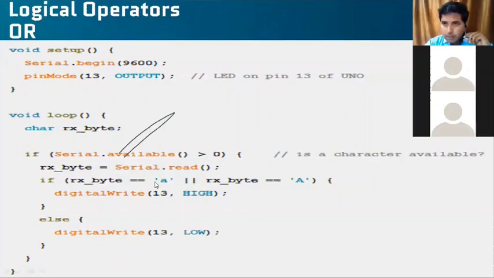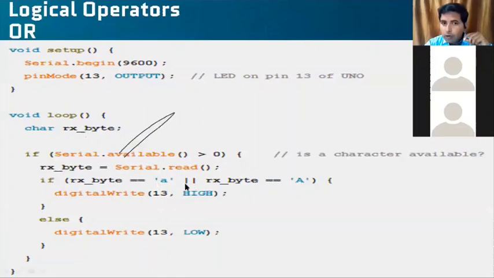How do I have to use that logical operator? If my character, whatever I type, is equal to small a, then fine. Or if it is equal to capital A, then also fine. If it is small a or capital A, then turn on the LED, or else turn off the LED. Here I'm using the logical OR operator.